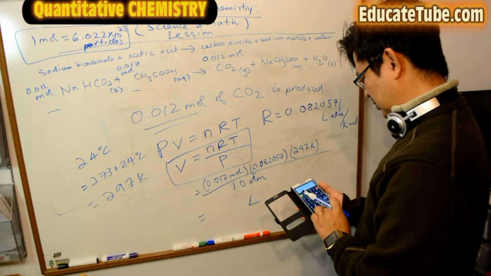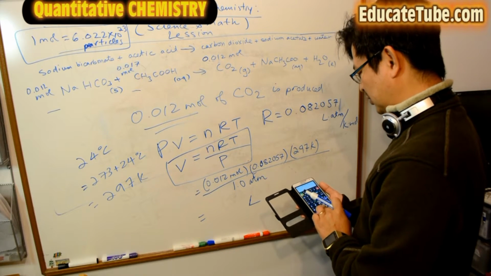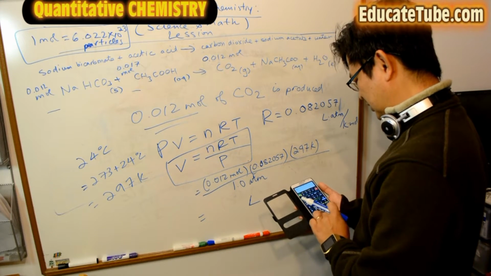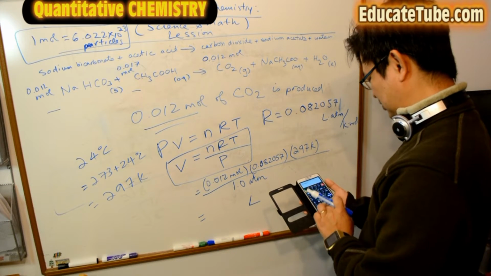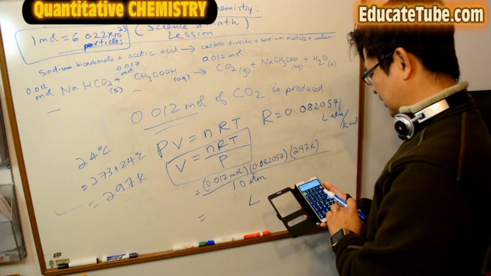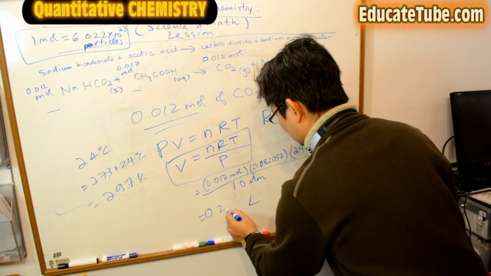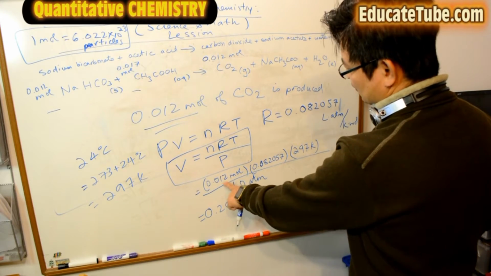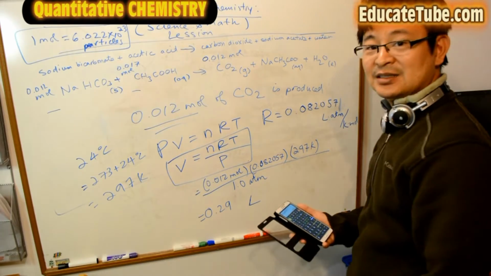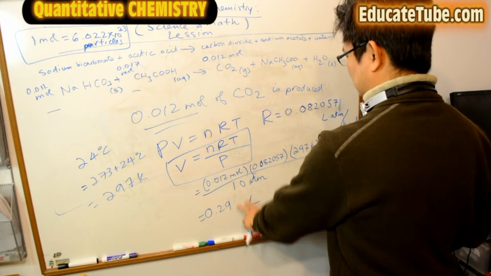Okay, so 0.012 times 0.082057 times 297, we'll divide by 1, okay? That will give me 0.29, and because we only have two significant figures, we have to leave it to that, okay? Because really we can't be too accurate with this one, because it depends on how many significant figures we have.